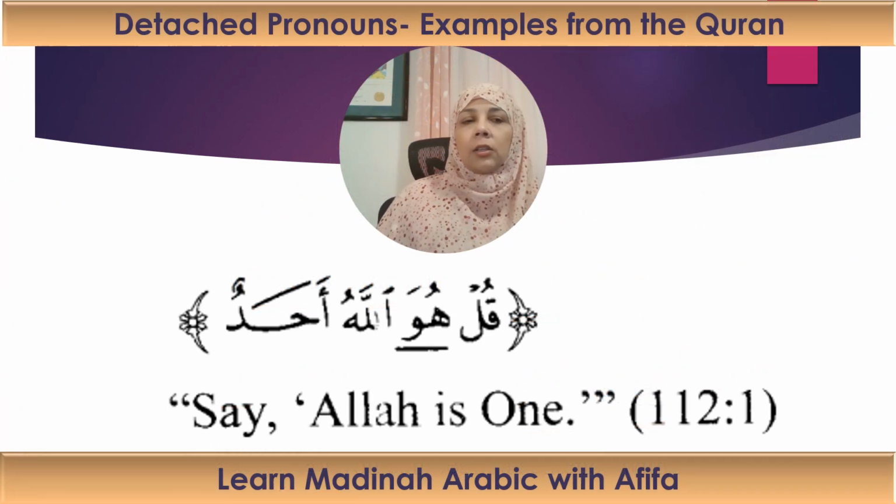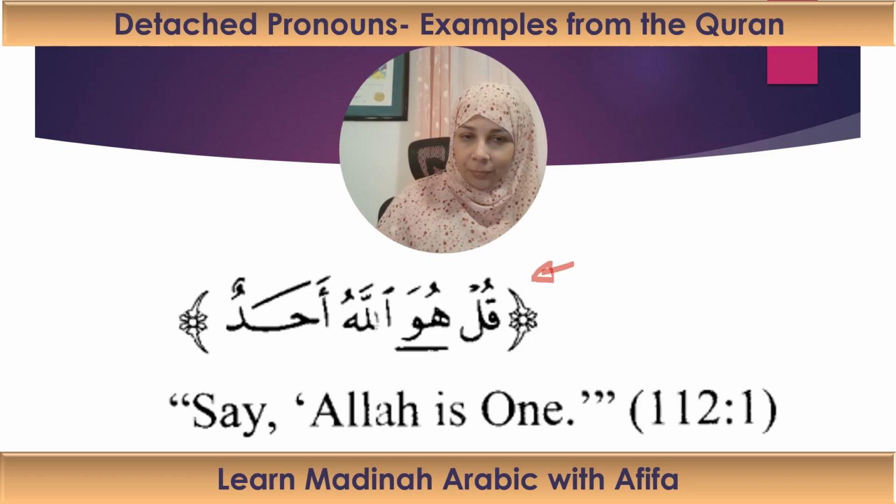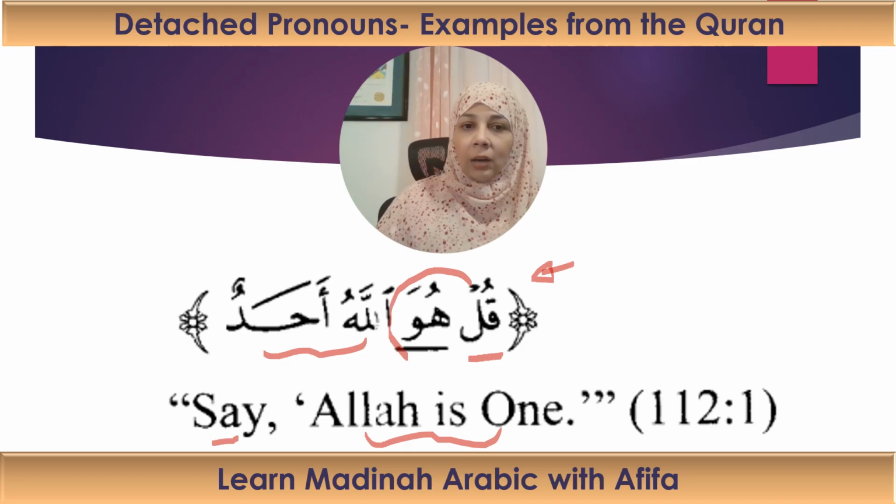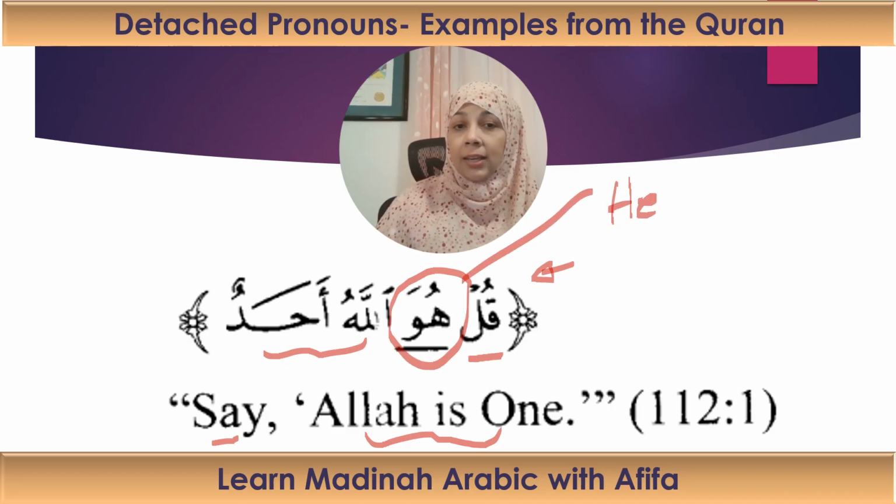Now let's do some detached pronouns from the Quran as examples. The first verse is Qul huwallahu ahad. Qul means say. I want you to notice here that Allahu ahad means Allah is one. This pronoun huwa, which means he, as we have studied, is extra. It is used here to give emphasis.